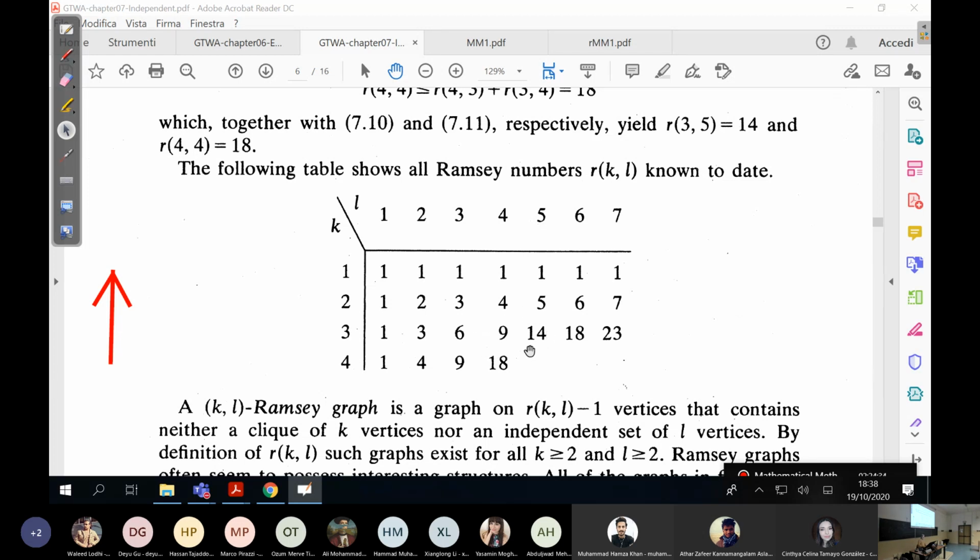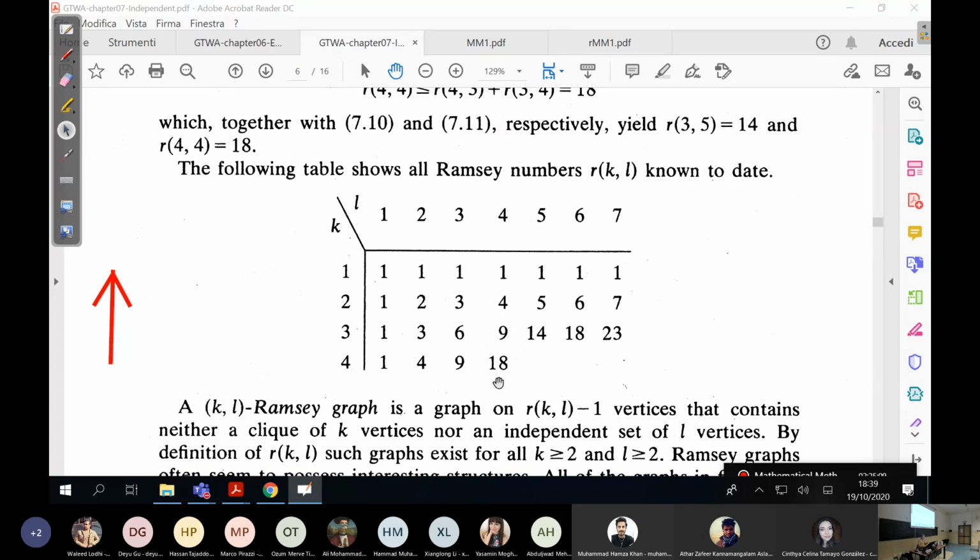If you pick any graph, which you can imagine, with at least 14 vertices, this says that either it contains a clique of 3 or an independent set of 5. However you draw it, you are free to draw it, but if it has at least 14 vertices, you cannot avoid having either a clique of 3 or an independent set of 5.